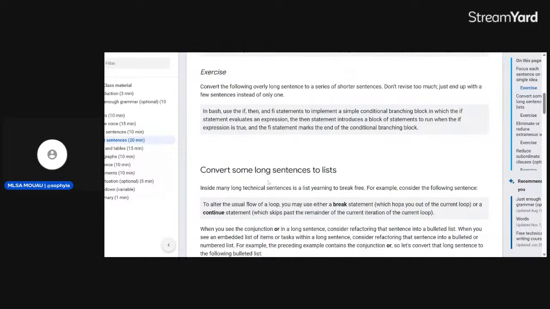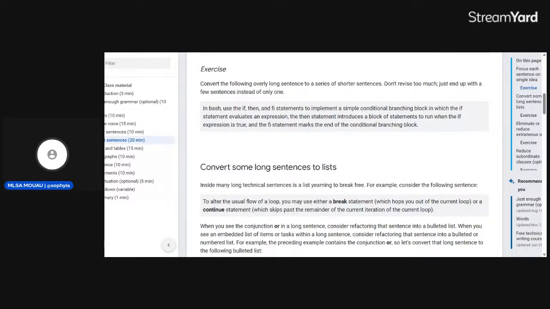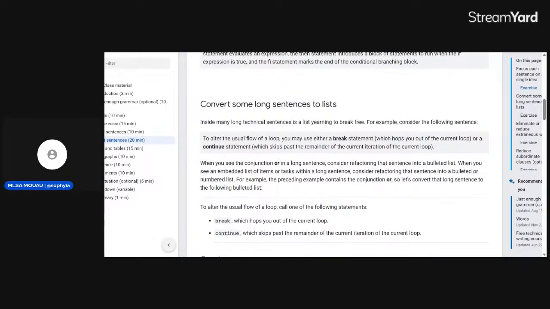And another tip is convert some long sentences into lists. If you're writing an article and you have a super long sentence, it will be best to break it down into a list, and this is what lists are called. Like this, these dots here, the first is one list item, and the next dot here is another.